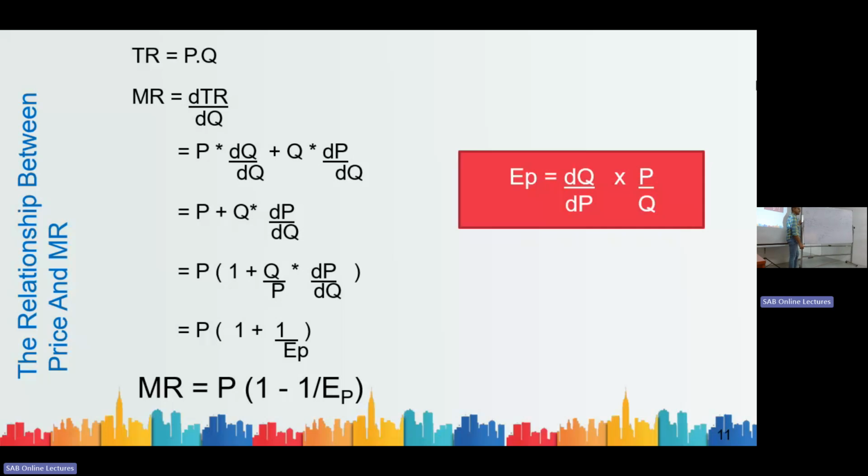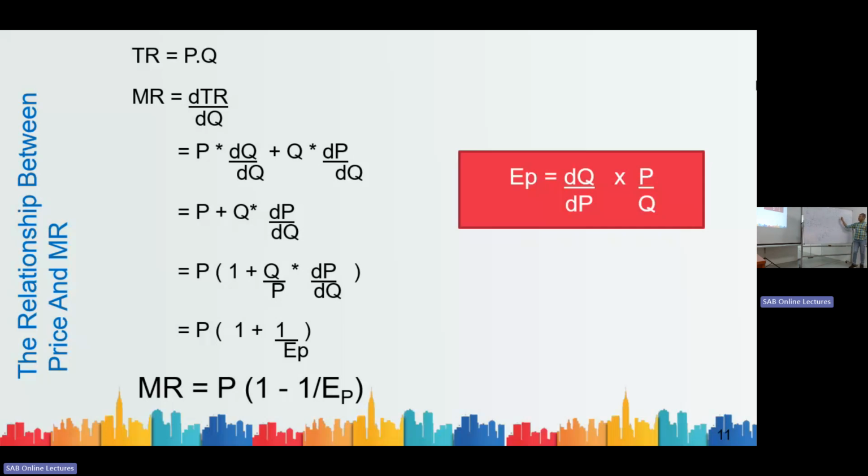Between point A and B, the price elasticity will be minus 4. Actually, we have to be specific here also.